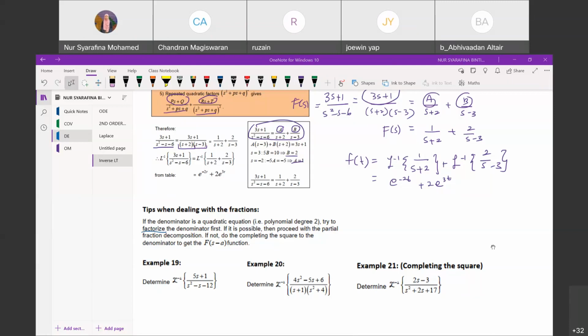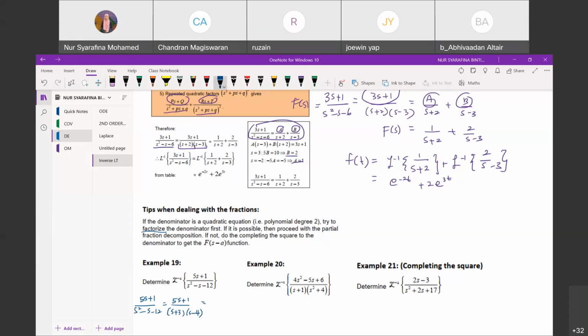This one can simplify to what? s plus 3, s minus 4. Okay, so what should the partial fraction of this form be?